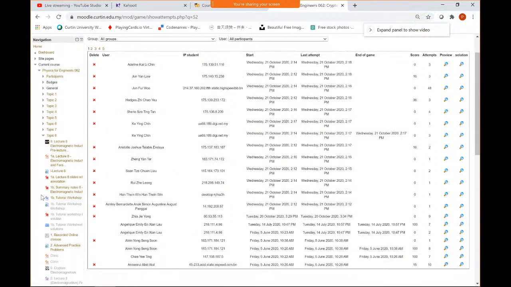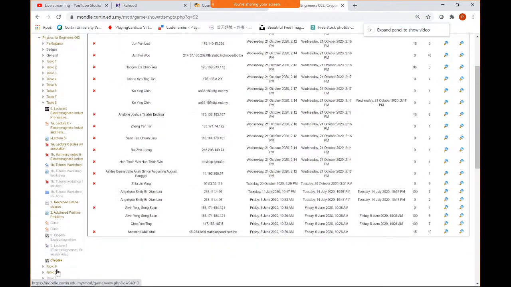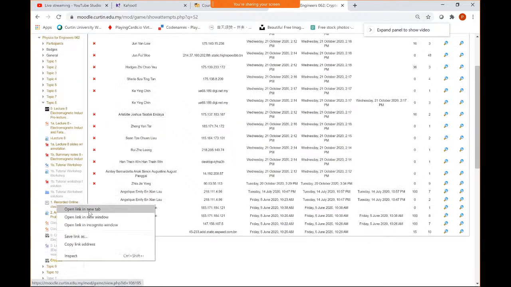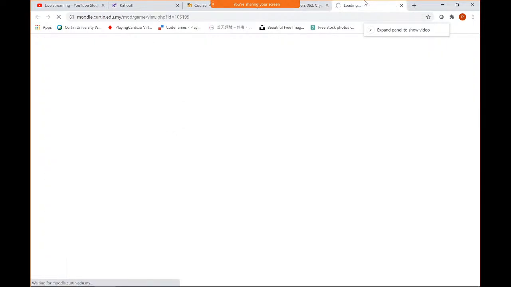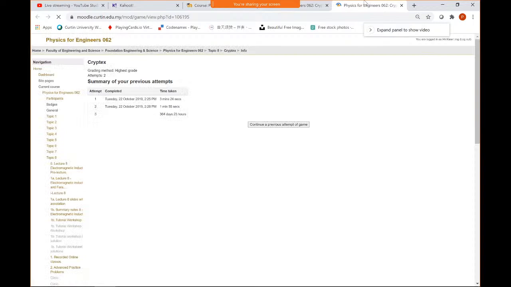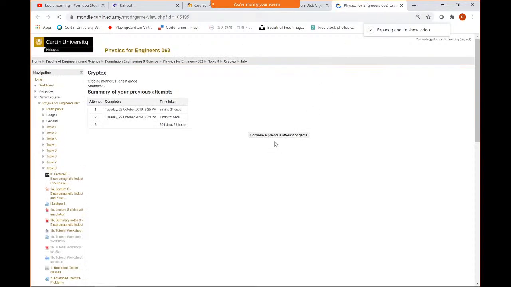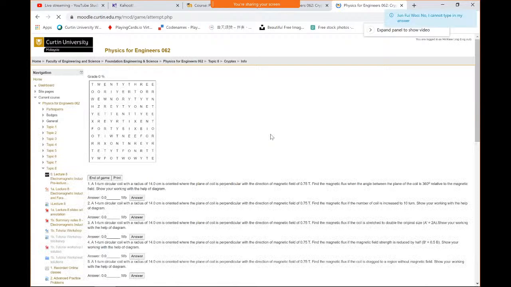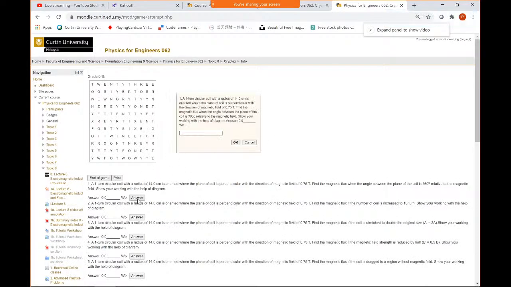How does it work? You mean how to find the magnetic flux? The value that you have found, the two numbers behind it, you cannot type in your answer directly. You click answer, then you type here.